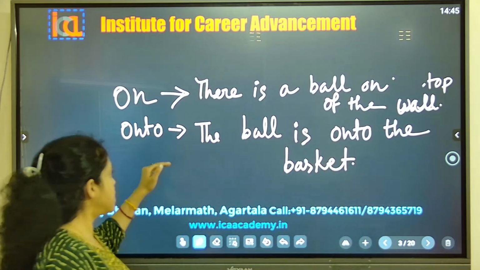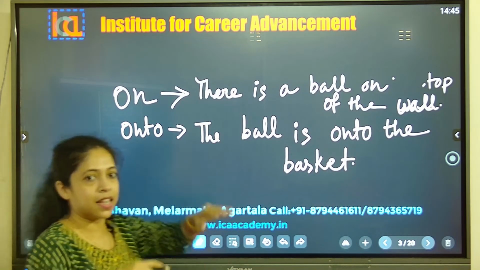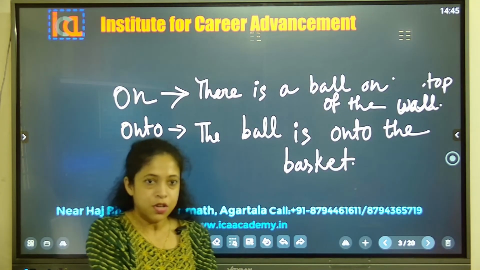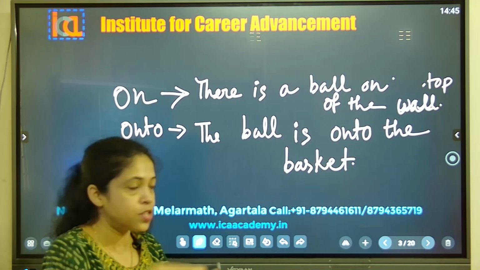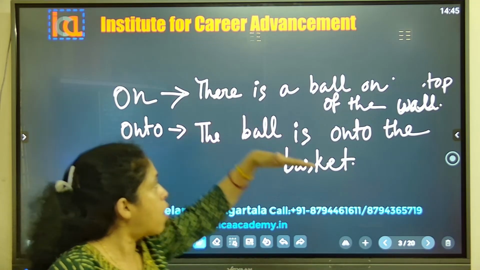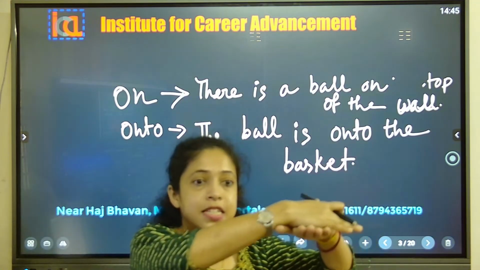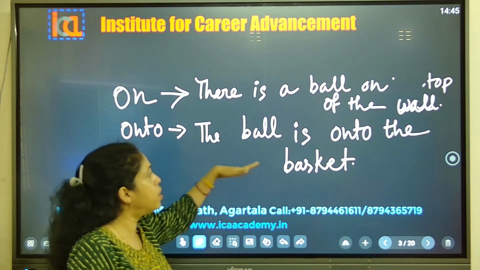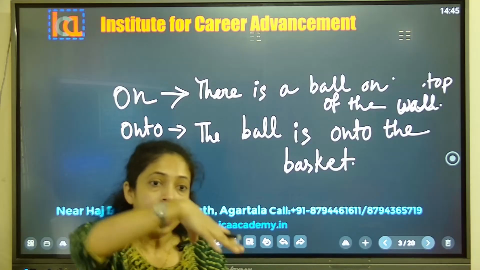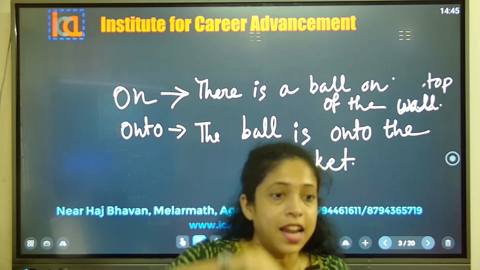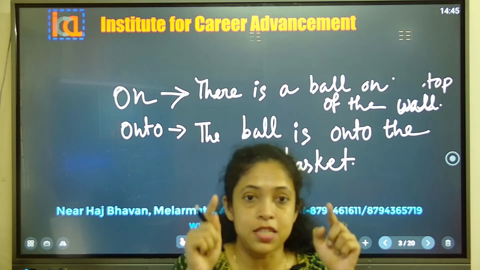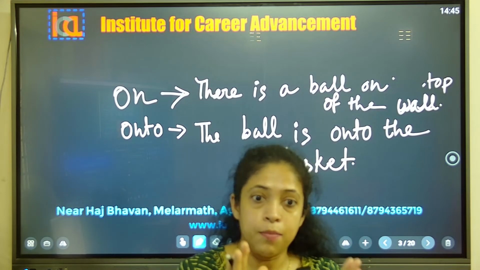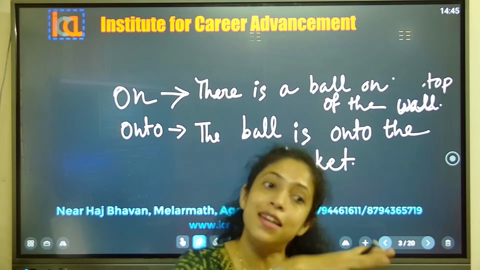But whenever we say the ball is onto the basket, it means it is moving around the basket, it is not getting inside. So this is the basic difference. Whenever we say on top of the wall, it just stays there, it is not moving. But when we say the ball is onto the basket, it has not got inside, and the position of the ball is not settled, it is moving.